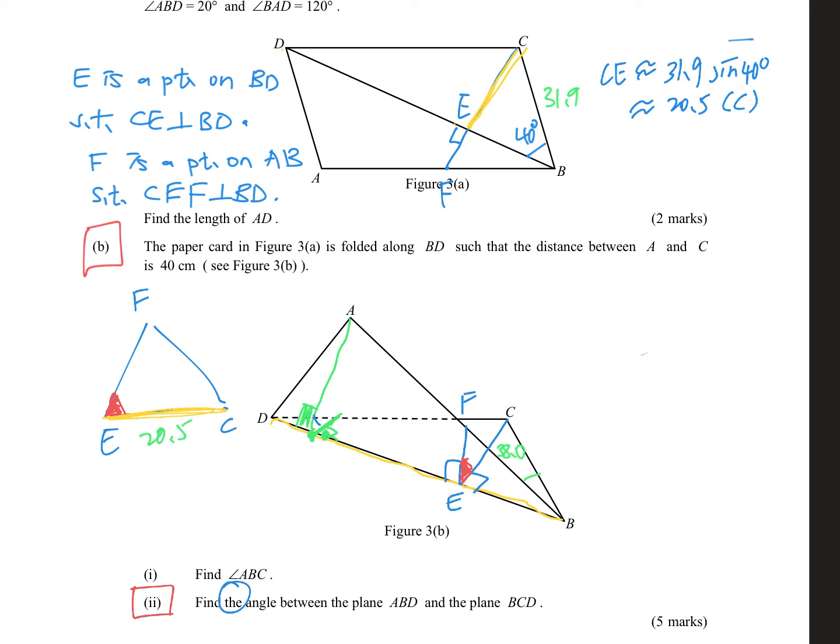Good. And after we have CE, I'm sure you need to find BE as well. So A times cosine 40, 24.5.